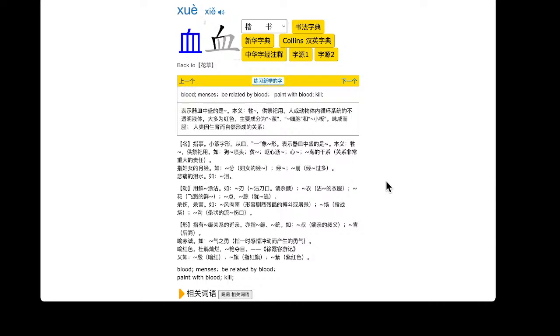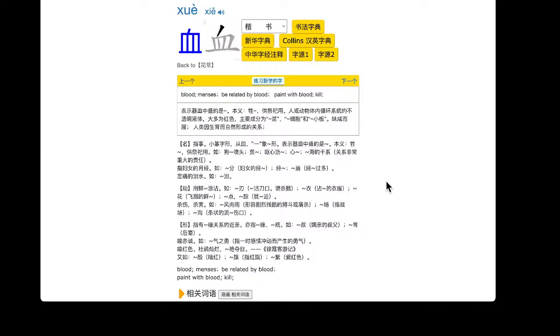And then it's also used as a verb. That means kill, means paint with blood, because when you use a weapon to kill, the weapon will be covered or painted by the blood, right? And so sometimes they use this one as a verb to refer to kill.